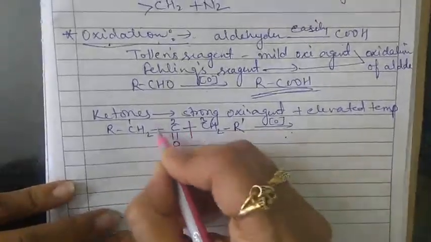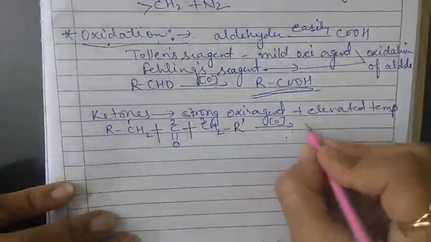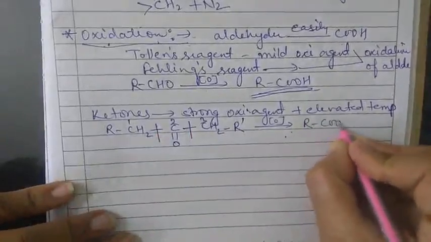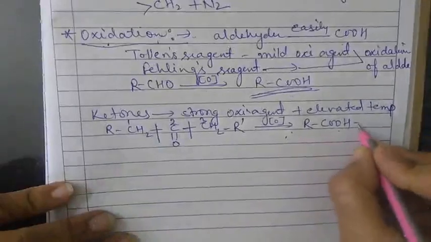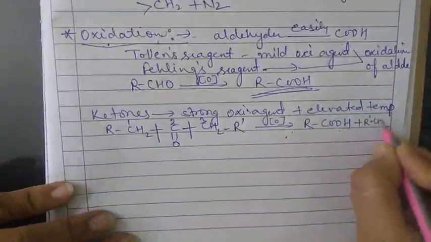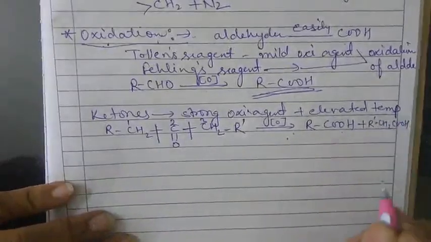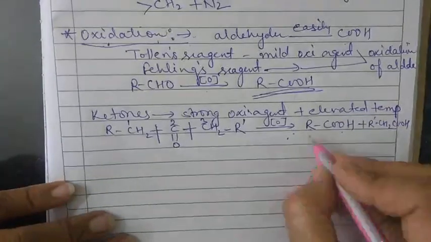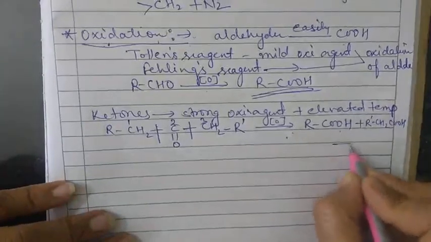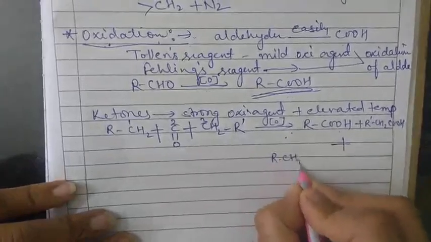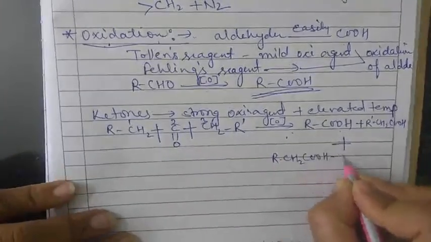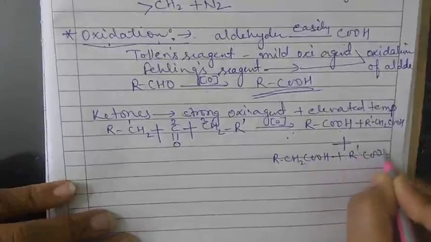So cleavage takes place from here and here also. So we have a mixture of carboxylic acids. First is RCOOH and the next one is R dash CH2COOH. And the second product is RCH2COOH plus R dash COOH.